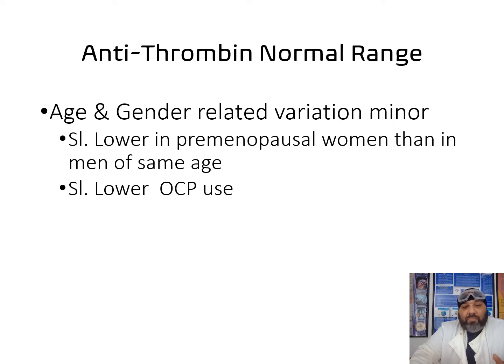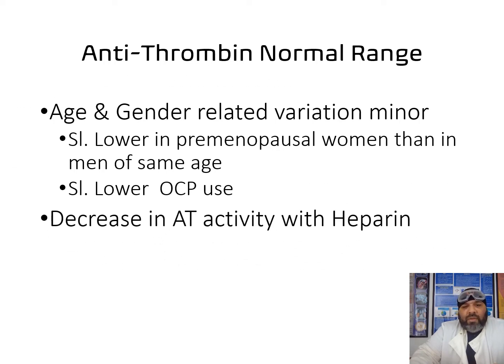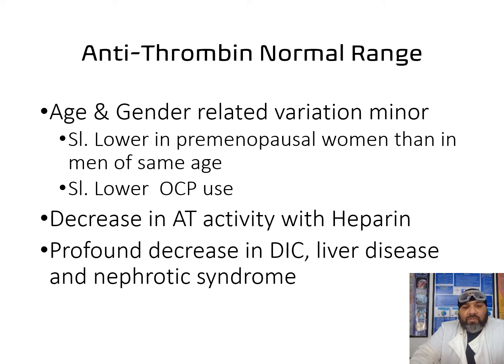It's lower in premenopausal women than in men of the same age, and there's also a decrease in antithrombin activity with heparin, and a profound decrease in disseminated intravascular coagulation, liver disease, and also in nephrotic syndrome, where there is evidence of protein leaking through the kidneys.